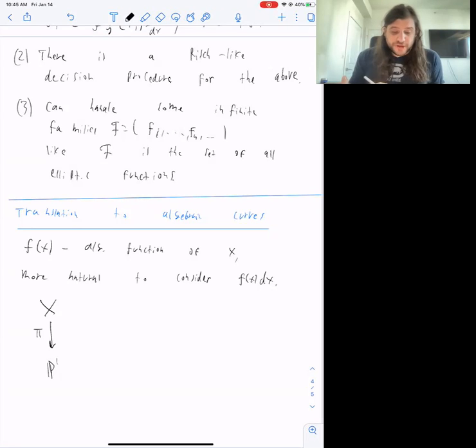And then the point is that if f is algebraic on P1, we can pick our X such that the pullback of f is regular on X, or let me say meromorphic.